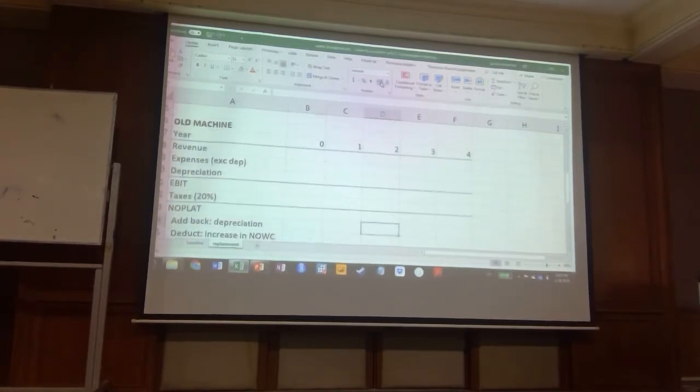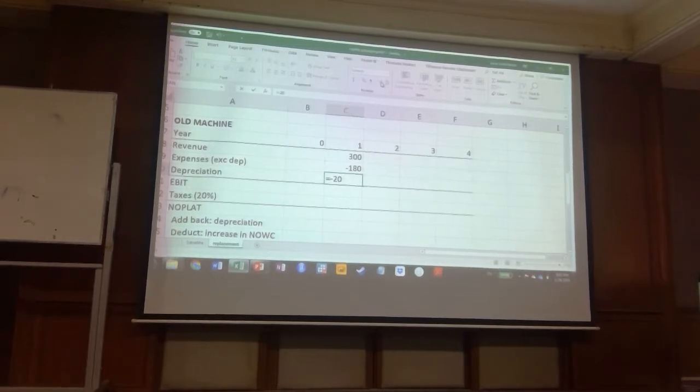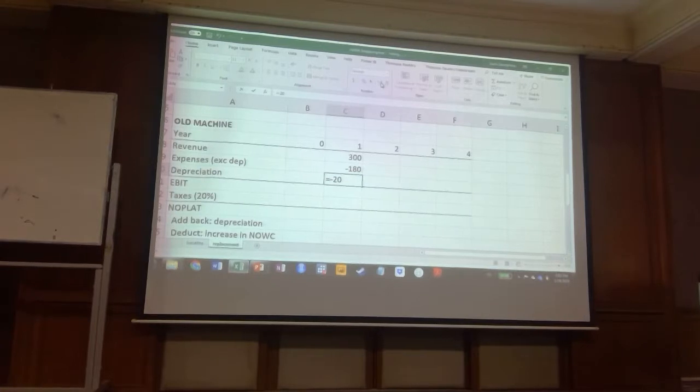So fill in similar numbers. Okay, old machine 300,000 revenue. Expenses, it's an old machine, so it costs more. Depreciation. The machine has book value of 80,000, depreciated over 4 years straight-line basis, so it's 20,000 per year. Okay, so 80,000 divided by 4 gives 20,000 per year.